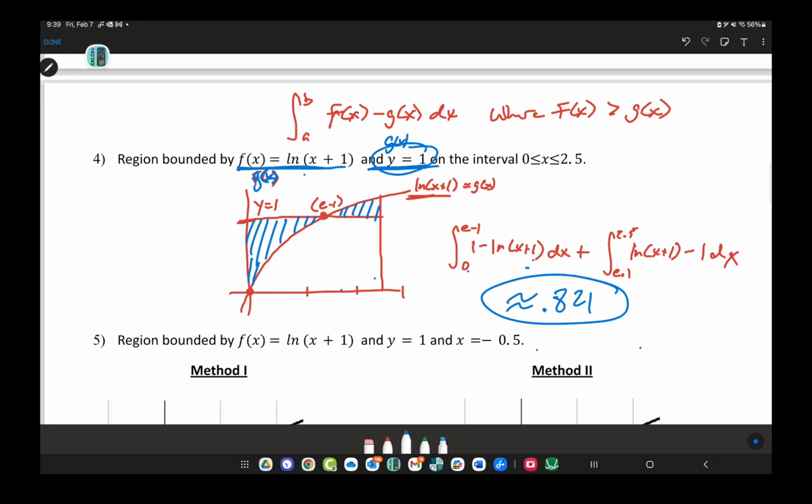e minus 1 is where they switch places. It is the location in which f of x and g of x intersect. But how did you know? Because my function is at y equals 1, so I looked at where the natural log of x plus 1 is equal to 1. I know the natural log of e is equal to 1.